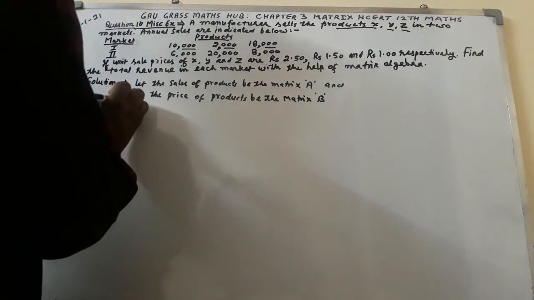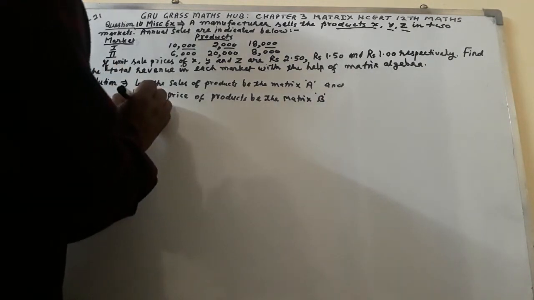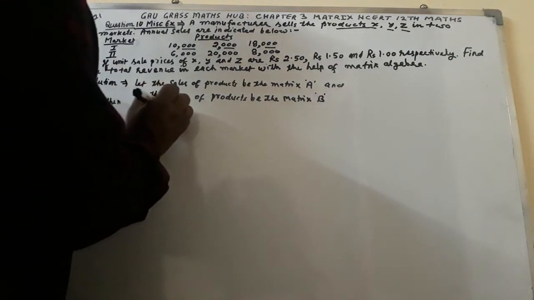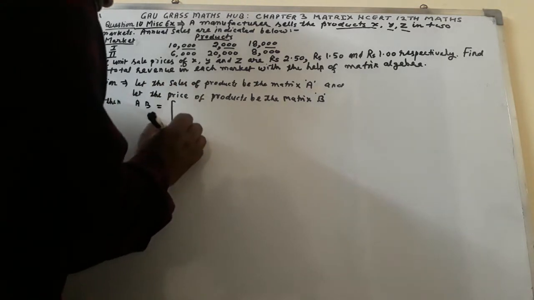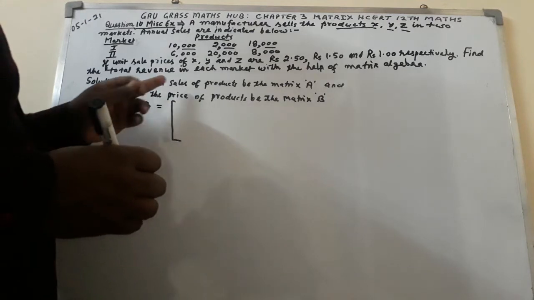Then first of all I shall write matrix A. We need matrix A multiplied by matrix B. Matrix A is the sales of the products.